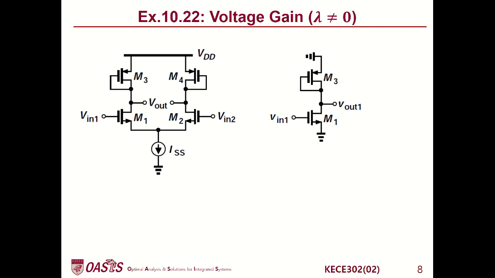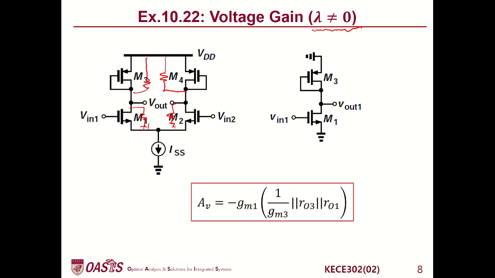Finding the voltage gain for the case that we don't neglect channel length modulation, you have to keep RO1 and RO2 and of course RO3 and RO4. So the gain will be given like the right-hand side figure.